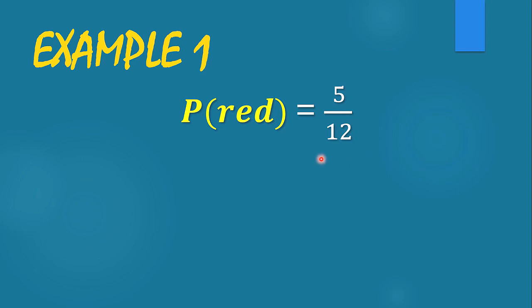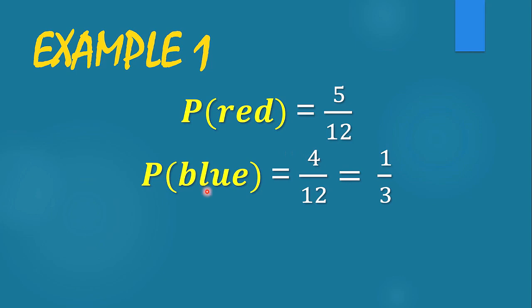And then we need to get a blue marble. So the probability of getting the blue marble, since in the bag we have 4 blue marbles, is 4 over the total number of marbles in the bag. As we replace our marble in the bag, that would be equal to 1 over 3.